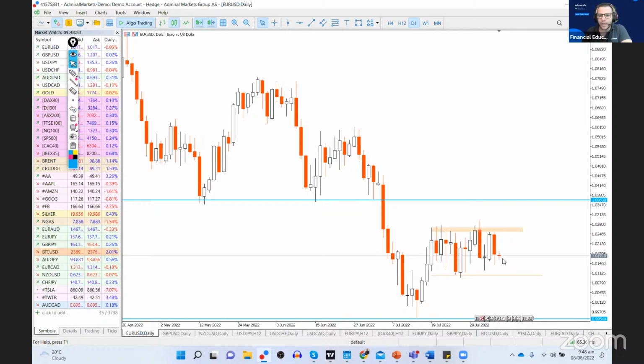Now we read that the USA is willing to make a noticeable increase in basis points in interest rates. So if this is going to happen and the market is going to follow through, we expect to see a strong US dollar. It means the euro is going to become weaker against the US dollar. So we expect to see this market pushing to the downside.